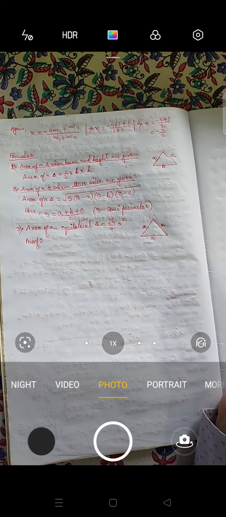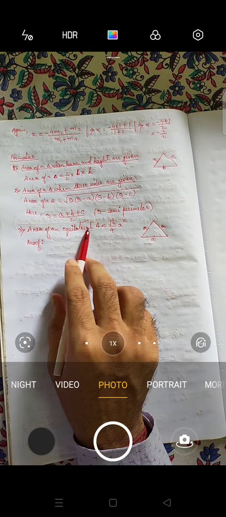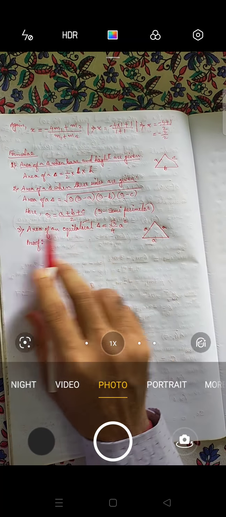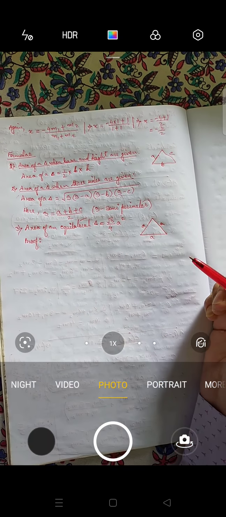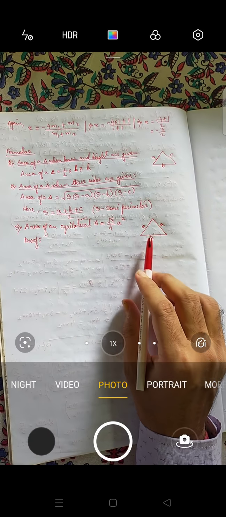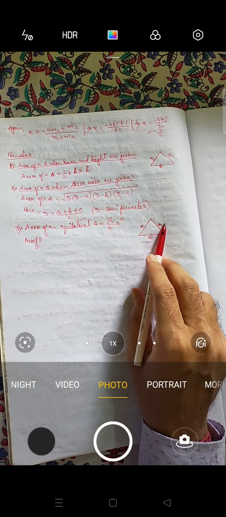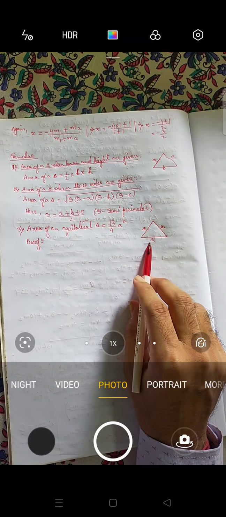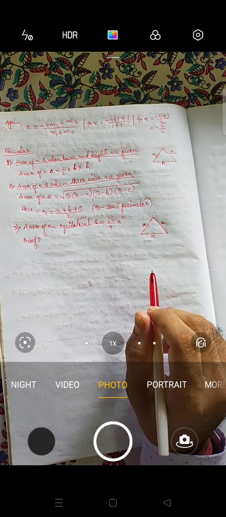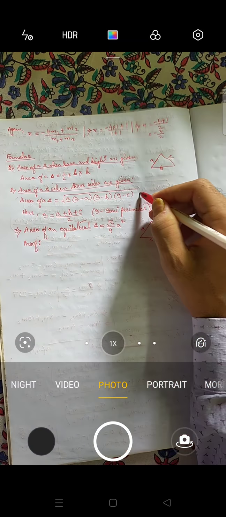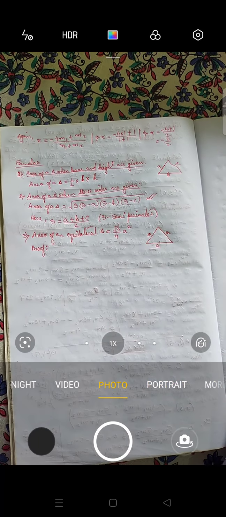And we know that the area of an equilateral triangle is this one. We also know that when three sides of a triangle are given, then the area of that triangle can be found by using Heron's formula.